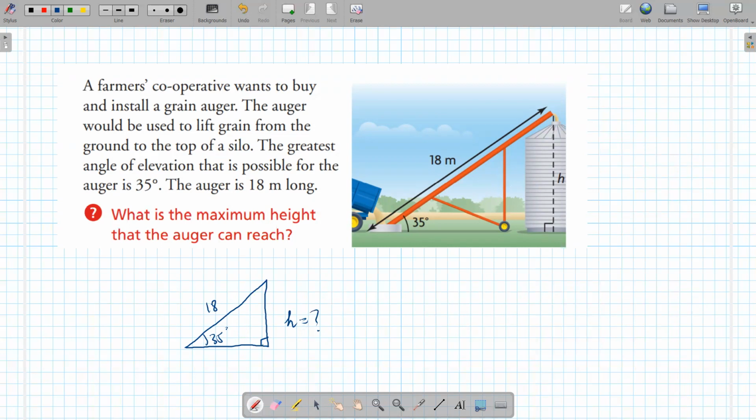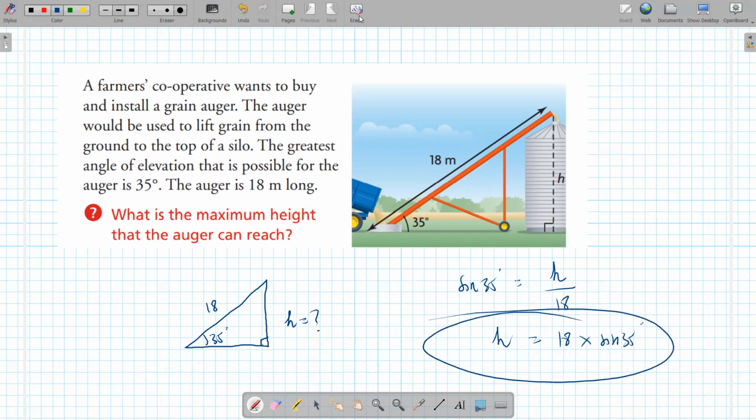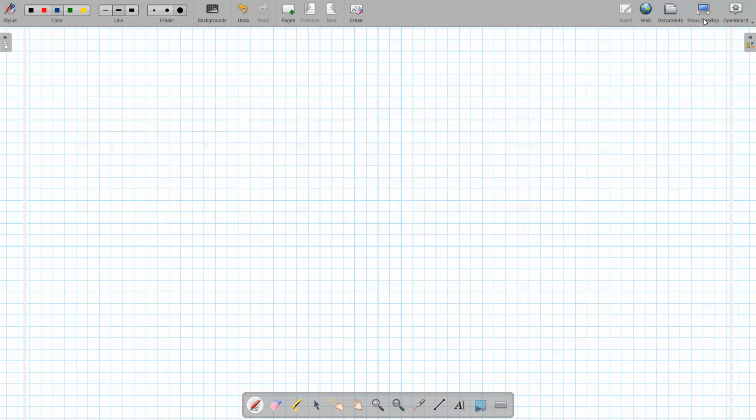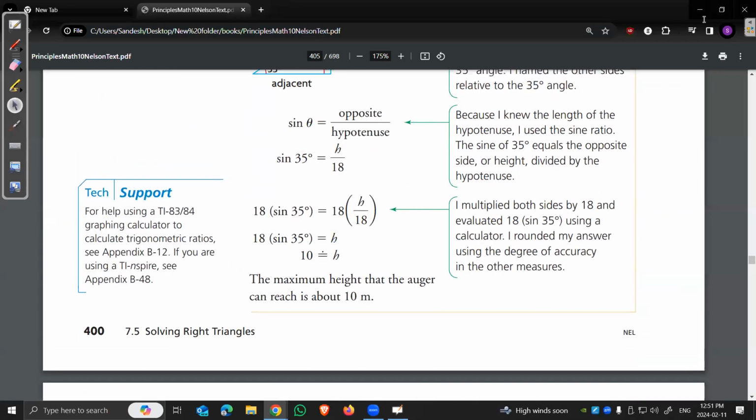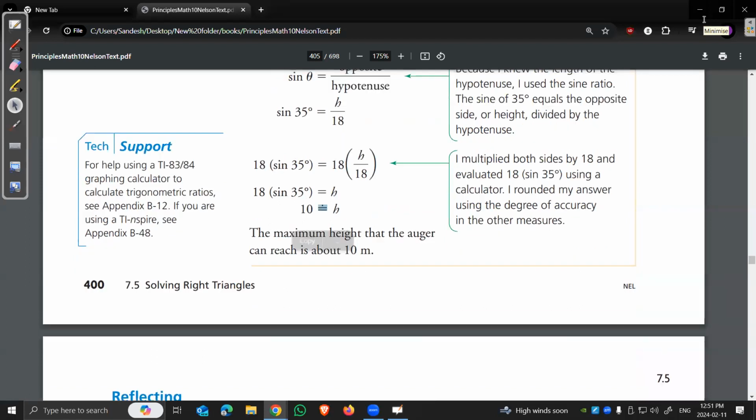Only one of the three is going to work for this. Sine. Yeah, it's sine. So sine of 35 is equal to the opposite divided by the hypotenuse. So h is going to be 18 times sine 35, and you're done. That's it. 2 steps. Whatever that is, if you plug it in, you get close to 10.